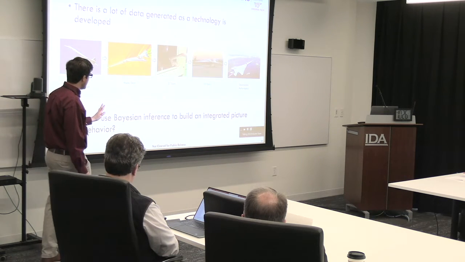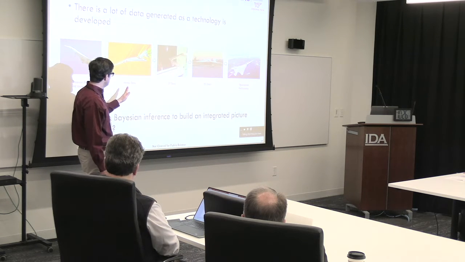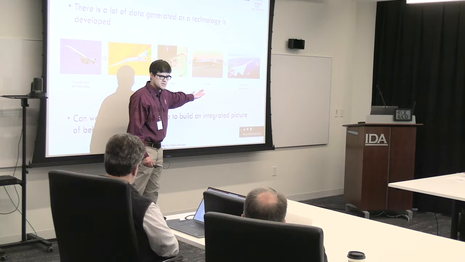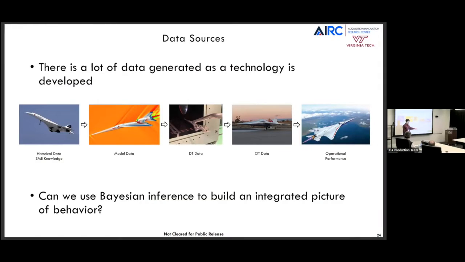So an issue we would have is that this system is not necessarily the same as this system, which is not necessarily the same as this system, or we're adding factors in what we're testing. Either the system or the environment is evolving as it's developed, and as it's fielded.